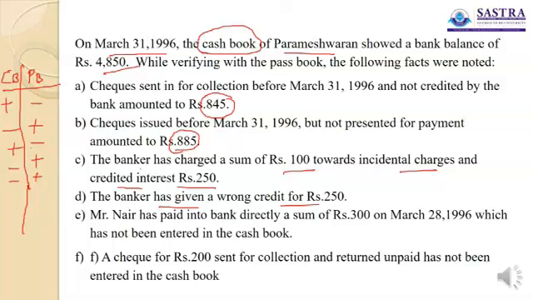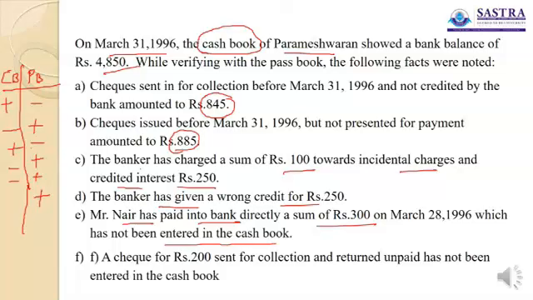Then go to the other. Mr. Nair has paid into the bank directly a sum of rupees 300. So Nair directly paid, not being entered in the cash book. What does it mean? Actually, it is a kind of income received by the banker directly on behalf of ourselves, and which has been entered into the credit column of the passbook and increases our balance.